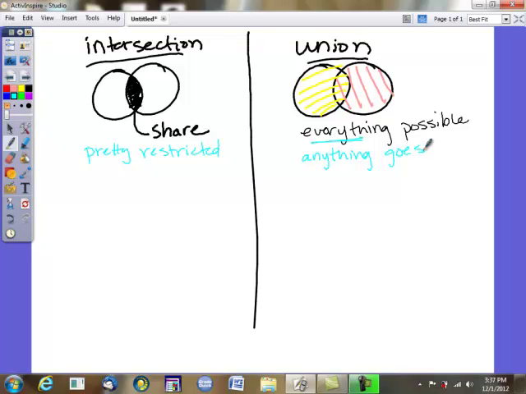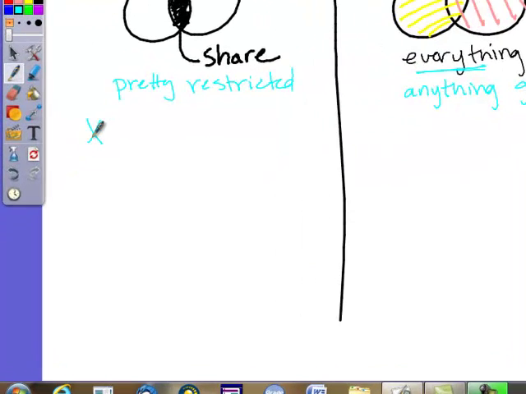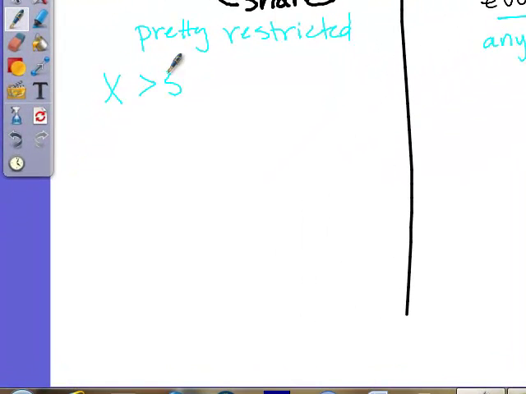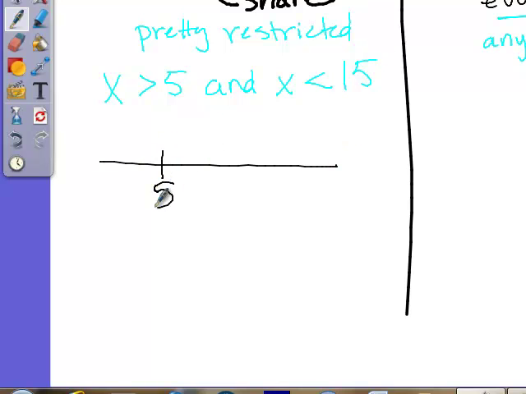So as we change this into a math concept, especially in this section we're working on right now, it's called compound inequalities. When I think of an intersection, if I have x is greater than 5 and x is less than 15, when I go on to my number line, here's where 5 is located, here's where 15 is located.